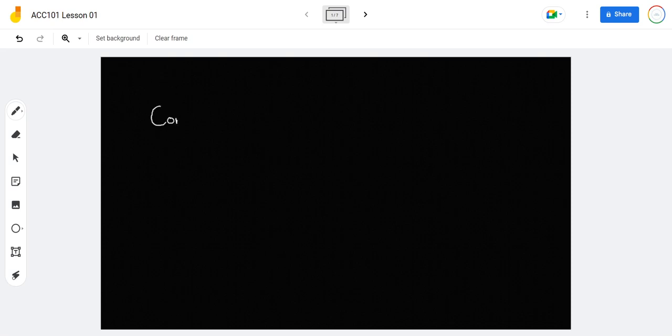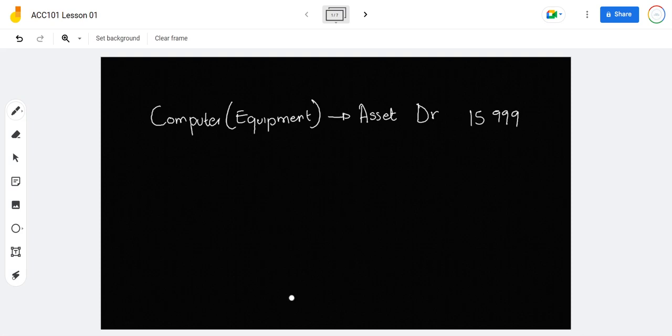You can just write the computer, and since this is an equipment, we know that it will fall under assets. So basically our asset account is going to increase by how much? 15,999.